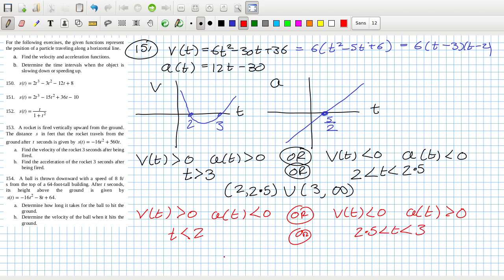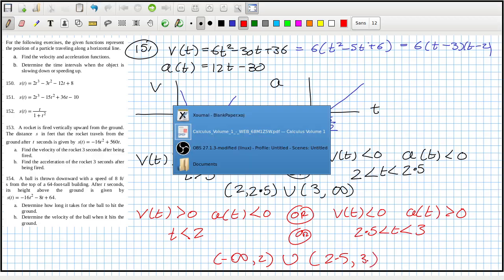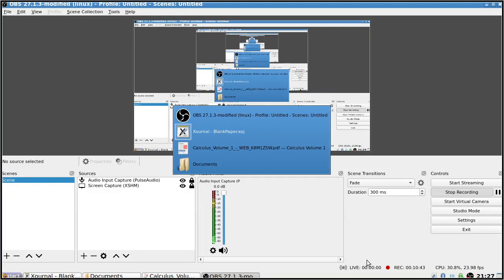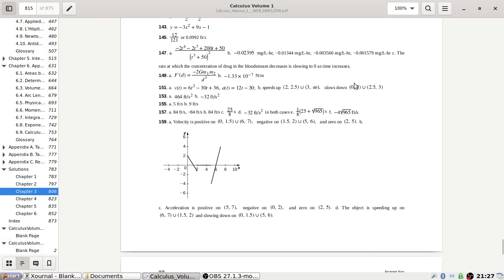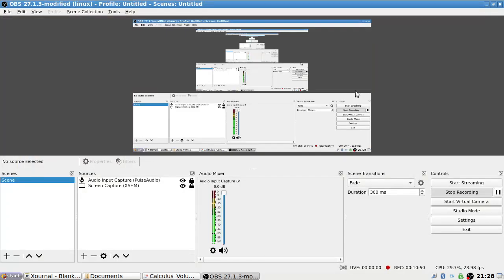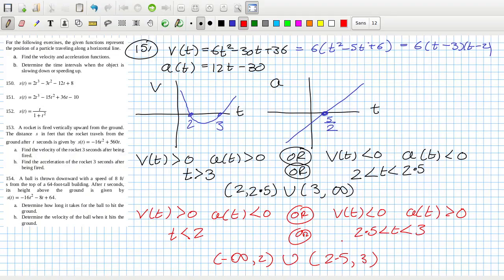So that would be minus infinity to 2 union 2.5 to 3. Okay, let's see. Oops, 0 to 2. Oh, yeah.